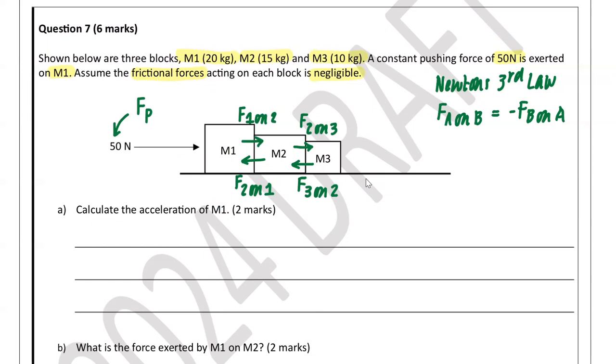Now they want me to calculate the acceleration of mass 1. One thing that we need to understand is that the acceleration, so a of each block, is equal to the acceleration of the whole system.